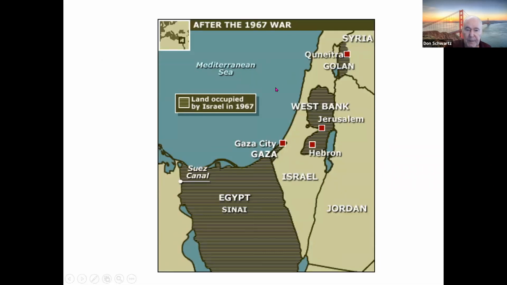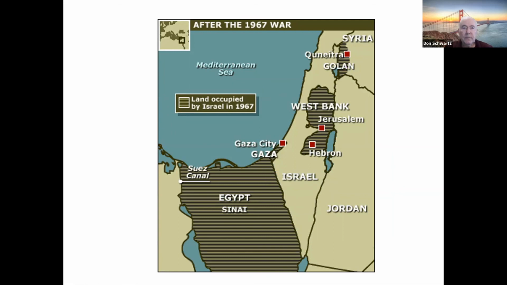So as we can see from this map, the land that Israel occupied after the 1967 war is the land that you see here in dark brown: the Golan Heights, the West Bank, and the Sinai Peninsula.